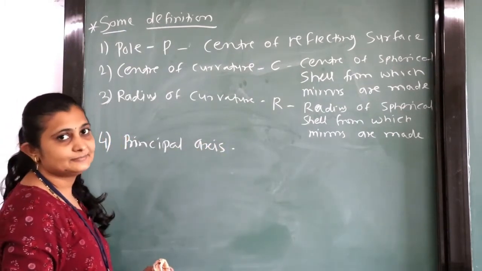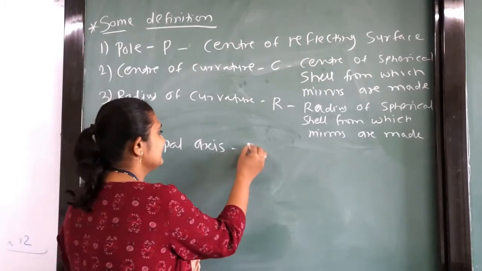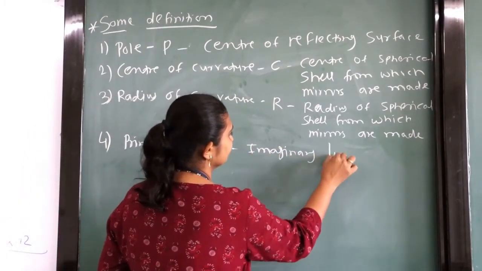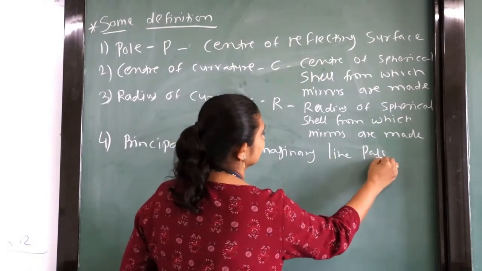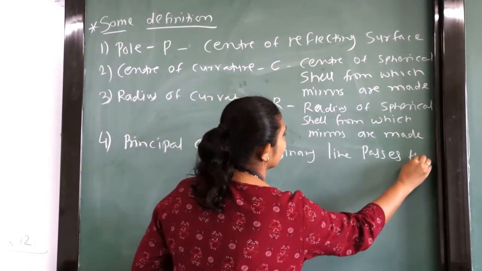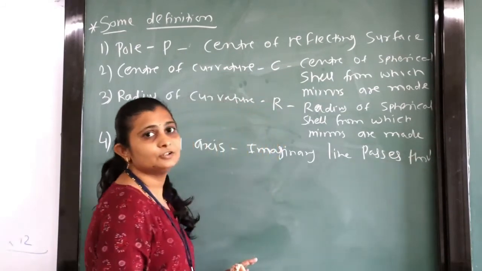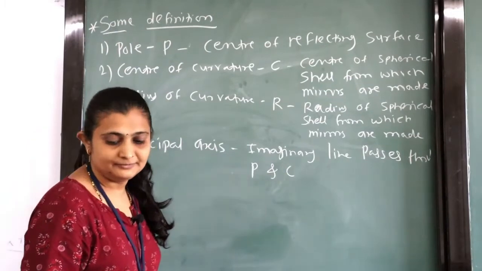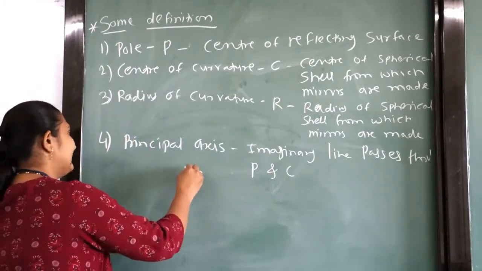Principal axis. What is the principal axis? It is the imaginary line that passes through the pole and the center of curvature. We will see it in the diagram.